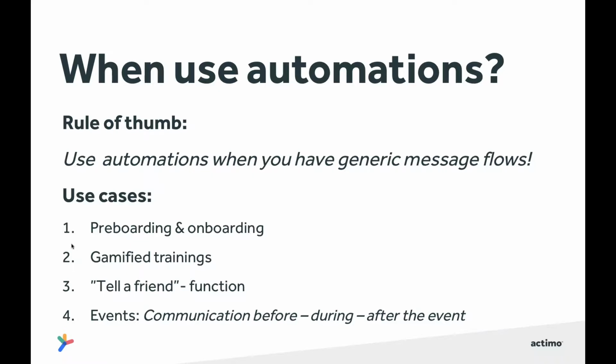And during the event, you send them another message saying, this is where you go to, this is where your workshop is being held. And the day after the event, you follow up with a survey question or survey message saying, how was it to attend the event? So then you use automation here to connect those messages together.